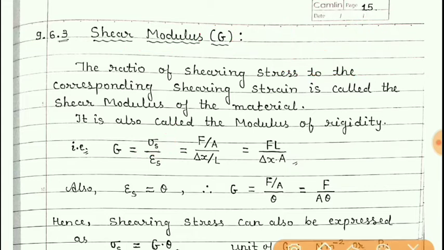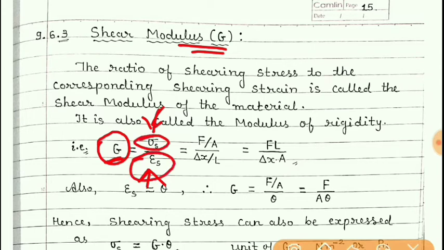Now about this shear modulus. Again, any modulus is stress upon strain only, but here it is a shear modulus, so this stress must be a shearing stress, and strain is also shearing strain.